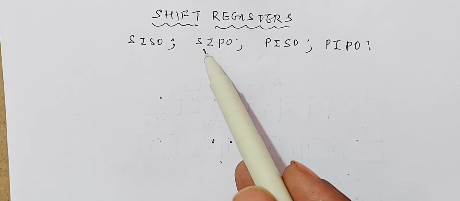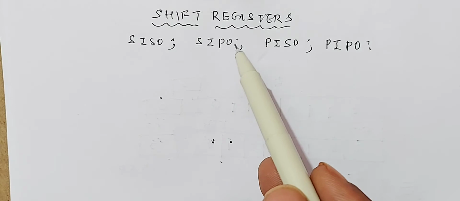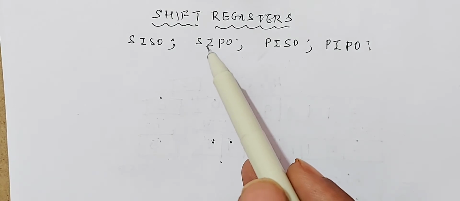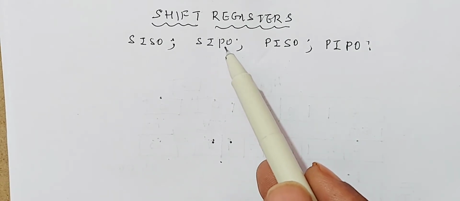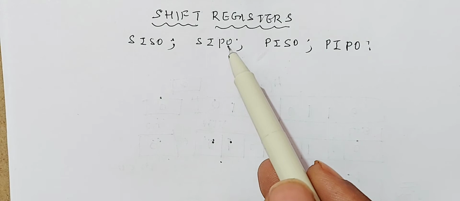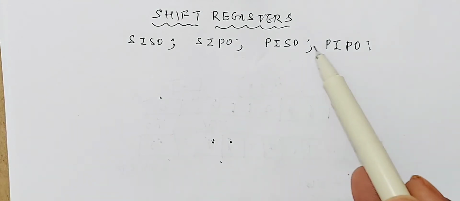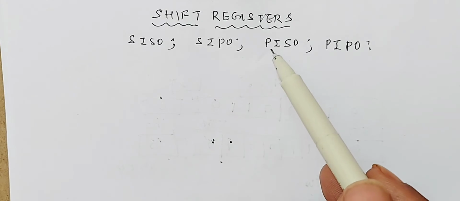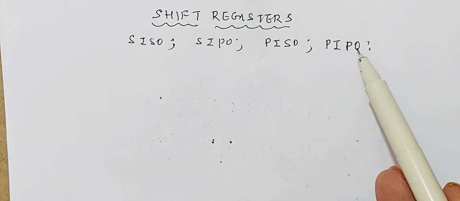And we have already studied SIPO, serial in, parallel out, in which the input is given bit by bit, hence serial in, and outputs are taken simultaneously, therefore parallel out. Now today we shall discuss PISO and PIPO, parallel in, serial out, and parallel in, parallel out.